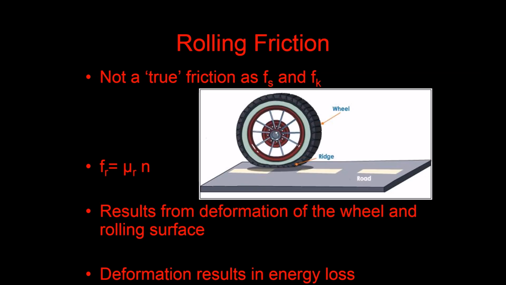And this, of course, is to do with the elastic properties of the materials themselves. If you actually see this rolling friction, then the rolling friction is equal to mu r times n, where this mu takes into account the compressibility or elasticity of the material itself. We won't get into the deformation that results in the energy loss, and will restrict ourselves to Fs and Fk where possible.